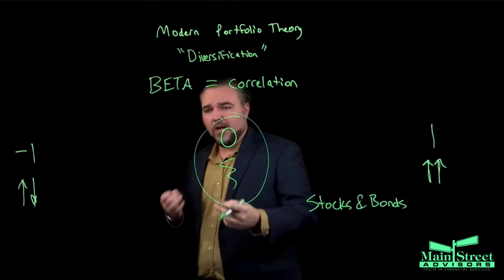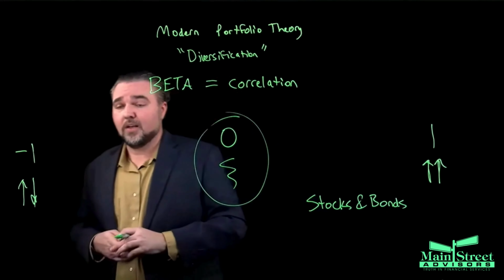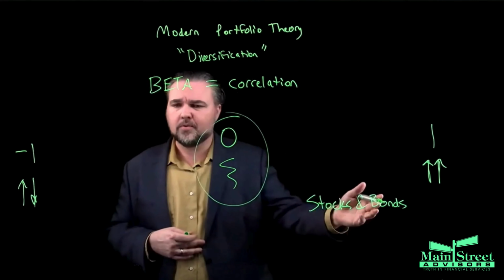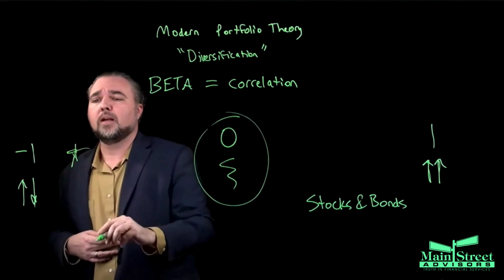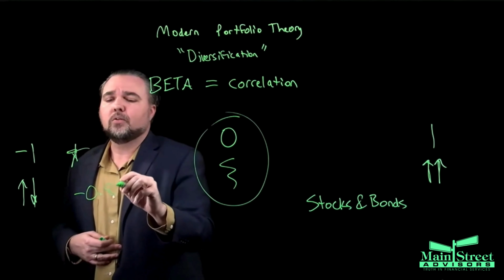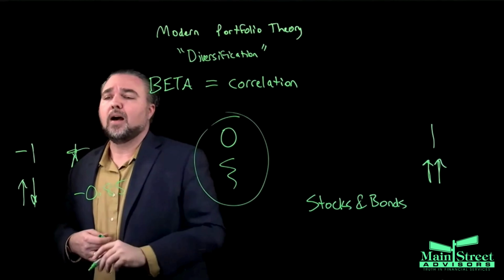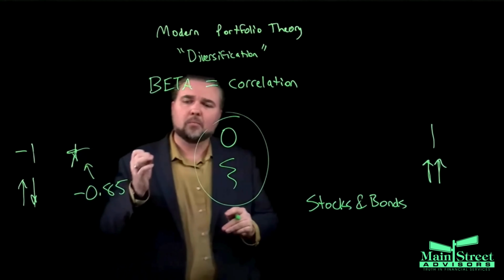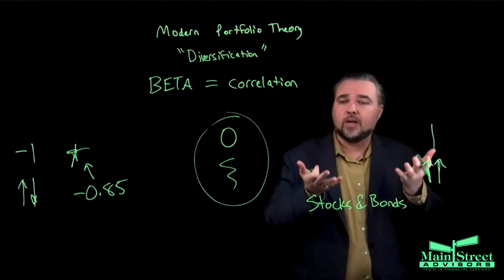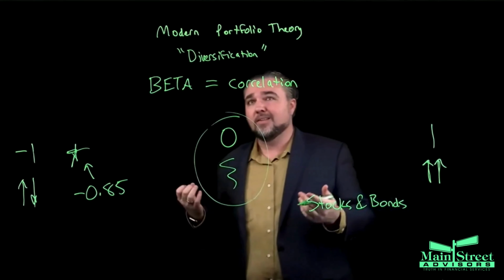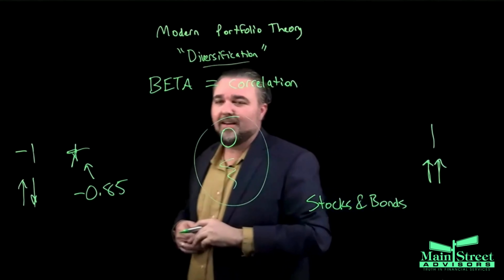But traditionally, we've been taught for a long, long time that the correlation between stocks and bonds is on the negative side, maybe like -0.85. And what that means is that the price of stocks and the price of bonds are supposed to be moving in opposite directions. And that's why it makes sense to diversify, right?